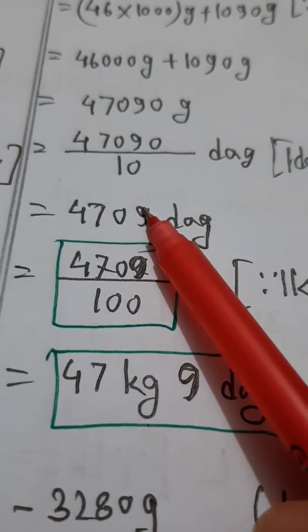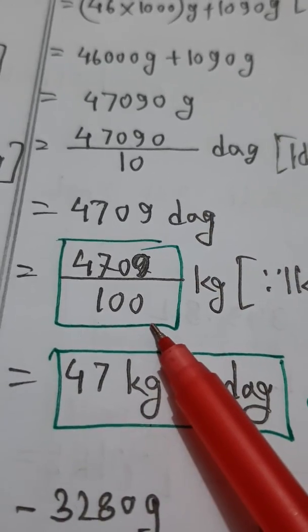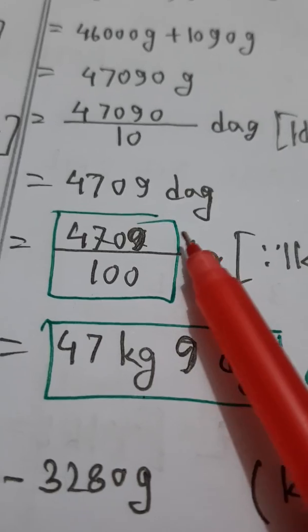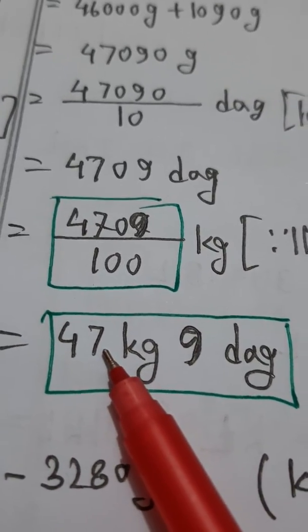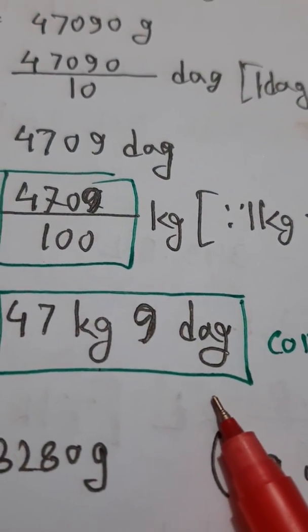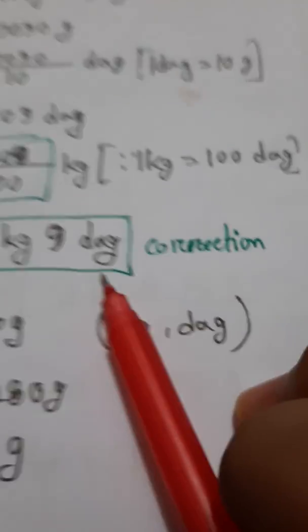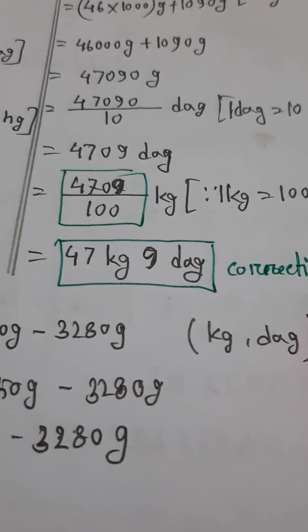So we divide 4709 by 100, then we get 47 kg and 9 decagram. The final answer is 47 kg 9 decagram.